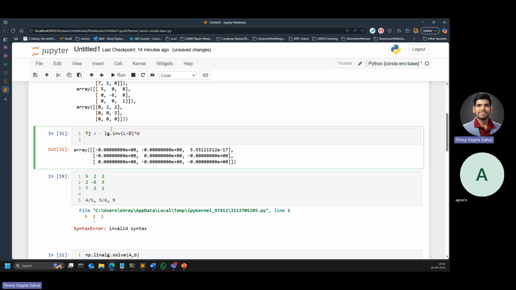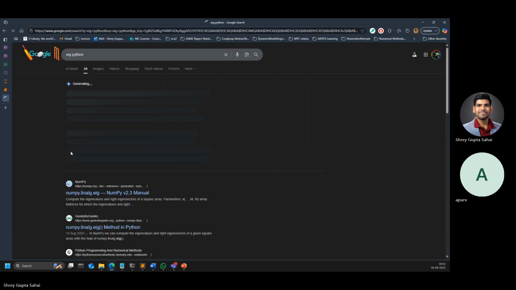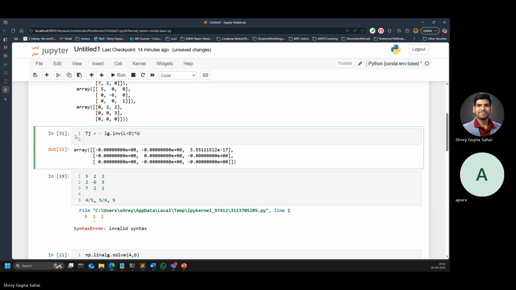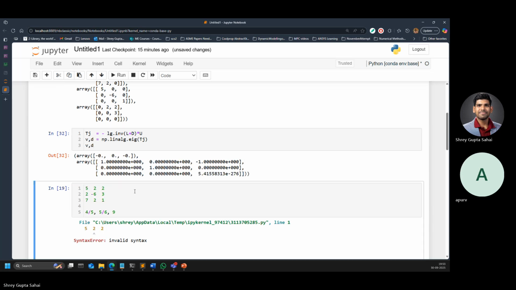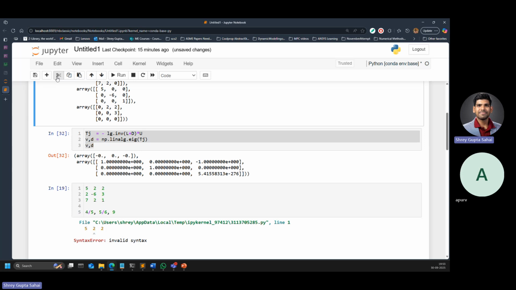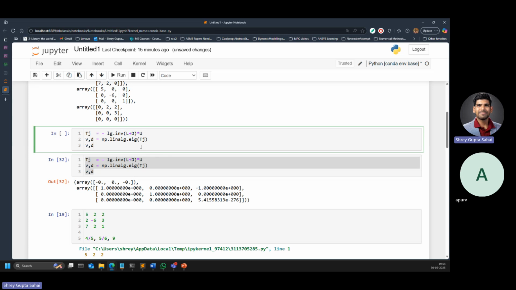And then we'll also use, there is also eigenvalue, right? NumPy dot L. Okay. D inverse L plus U, sorry. What have I done?